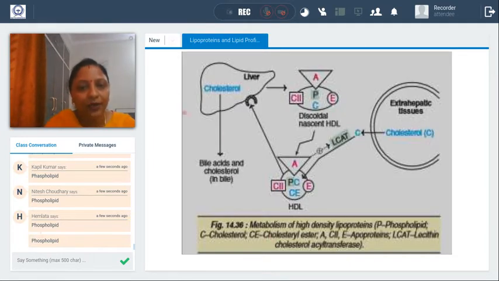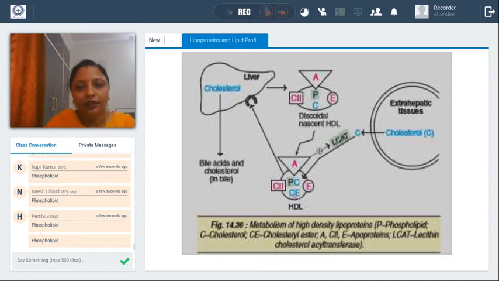So you can see the whole metabolism of SDL. In the liver, you can see here bile acids and cholesterol in bile, APOprotein A, C2, E, P is for phospholipid, and cholesterol. This is discoidal in nature, nascent SDL, and by the addition of cholesterol, this SDL is now spherical.